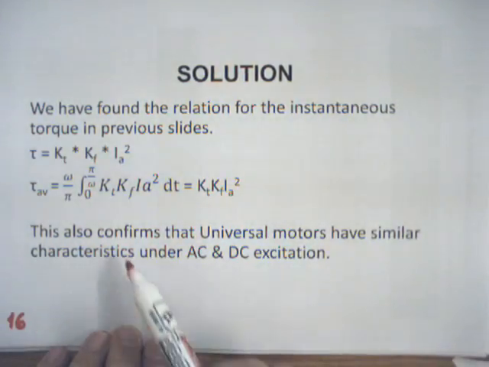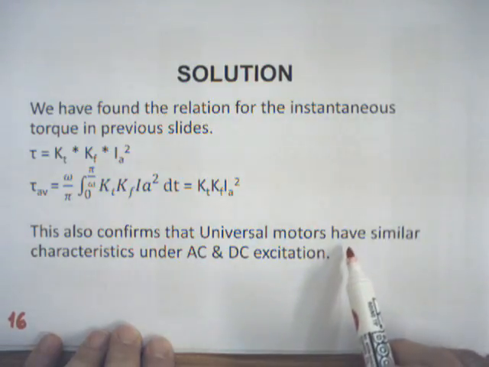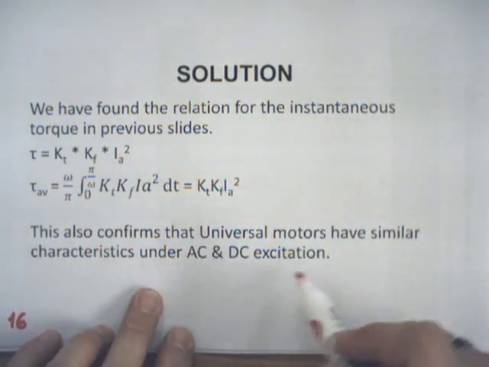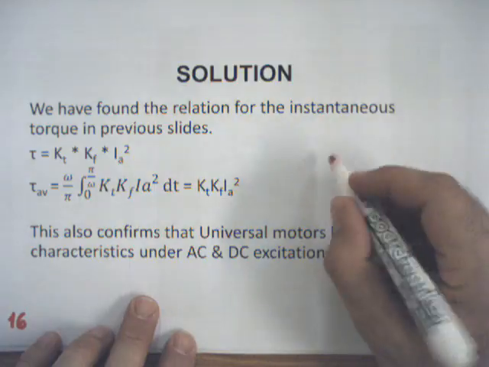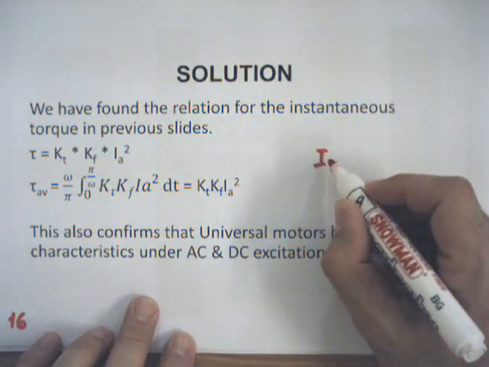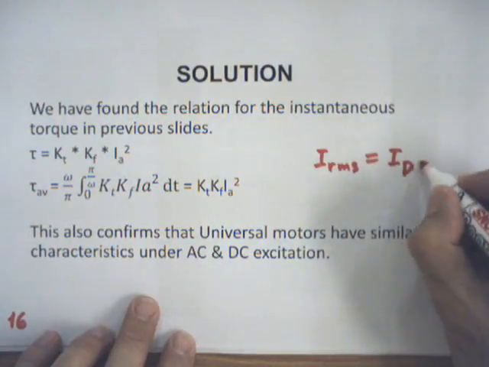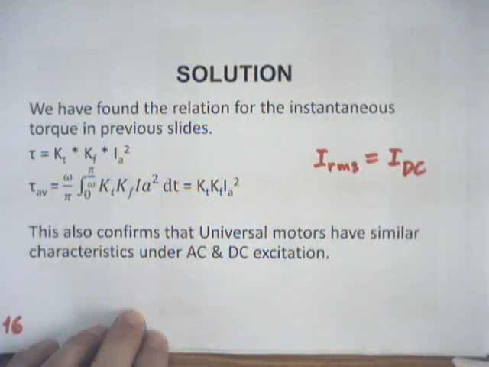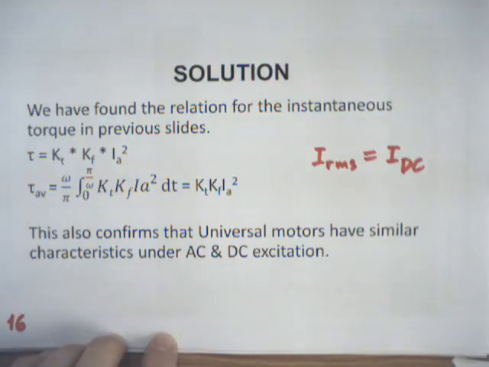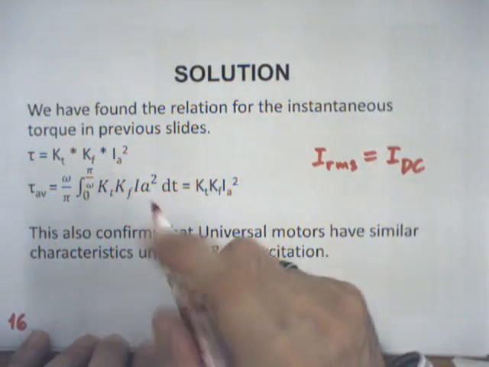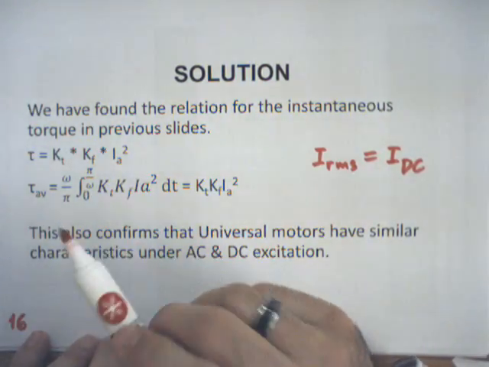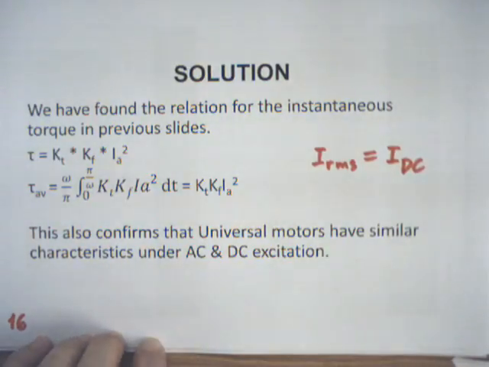They are the same. This also confirms that universal motors have similar characteristics under AC and DC excitation. So in AC, my RMS current has the same effect as my direct current in DC application. So never consider the peak value. In the average, they are the same.